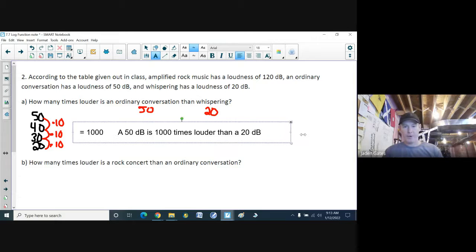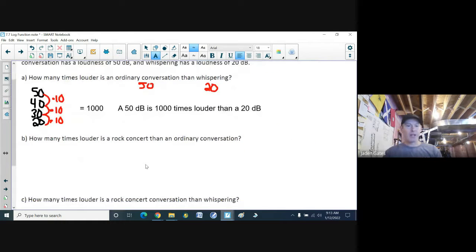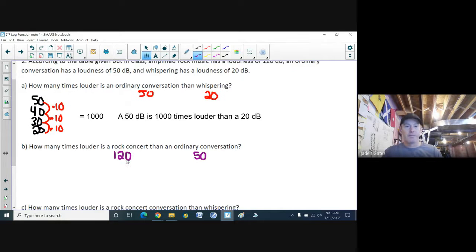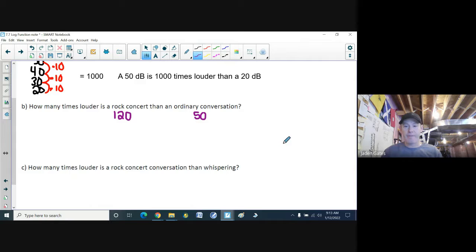All right, now, how many times louder is a rock concert than an ordinary conversation? So now we're comparing a 50 decibel sound again, and a rock concert is 120. So it's close to blowing out your eardrums. Again, I'm comparing a 50 to 120. I'm going to need some room over here. So start with 50.